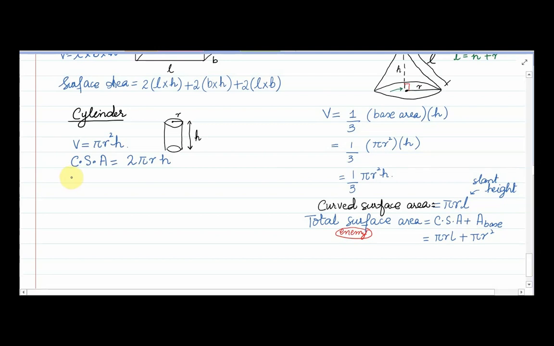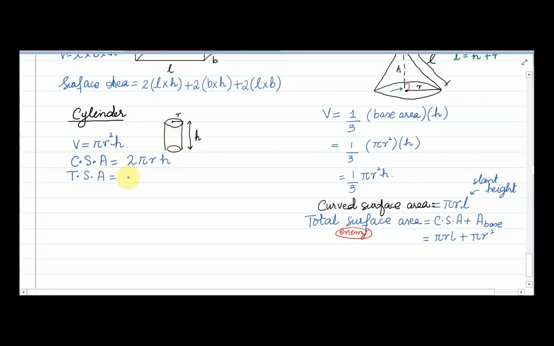Alright. After that, the total surface area. Now visualize that if you have a can in your hand, which faces you can touch easily. Of course, you can touch the curved part from where you are holding. You can touch the upper portion of the cylinder and you can touch the bottom portion of the cylinder.